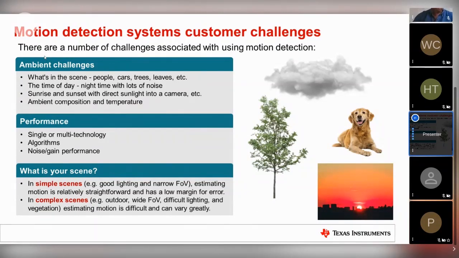We published one of the TI designs with two PIR sensors and wavelet transform, where we show that with a very good algorithm, you can detect if a person falls down, if there is a person rolling on the floor, if a child enters the room, if there is a dog, if there is a fireplace running, if there is a sunset, and so on. So algorithms can go from a very simple comparator type on-off to very complex with machine learning and artificial intelligence.